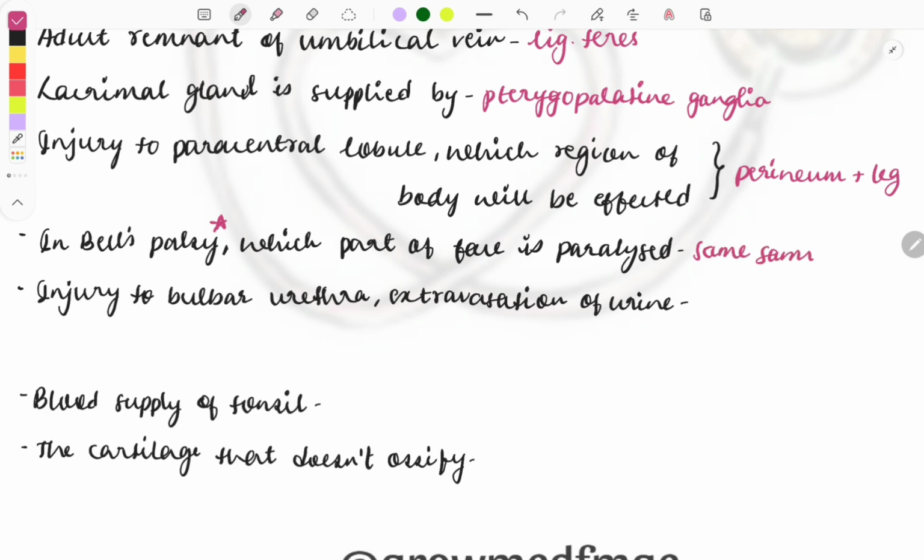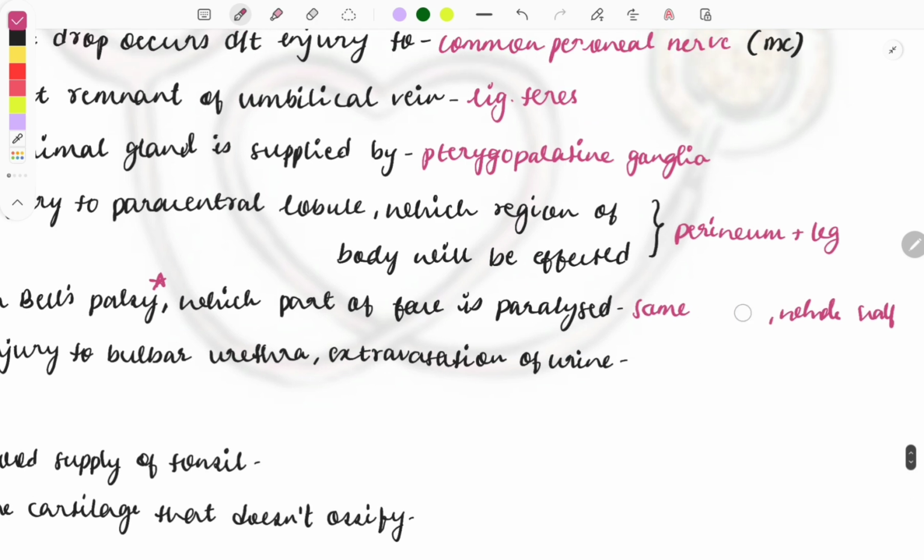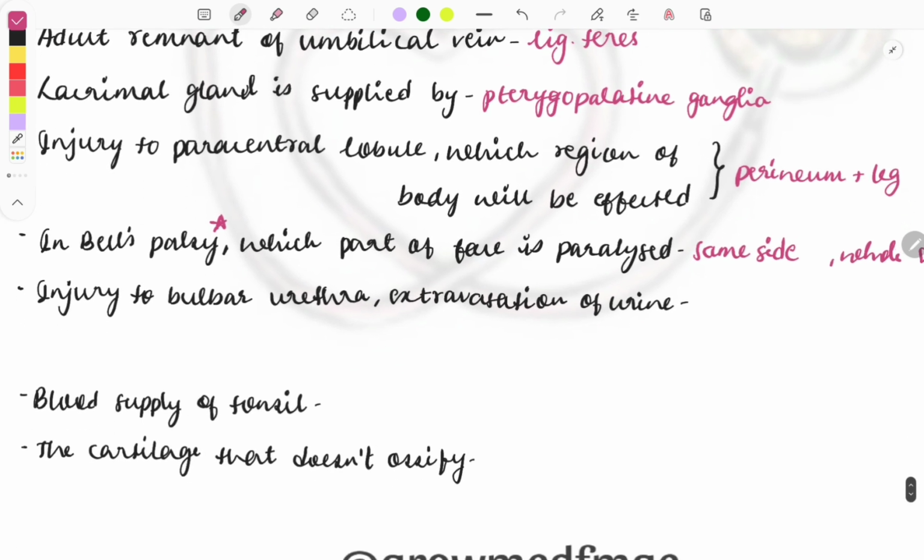Depending on upper motor neuron or lower motor neuron involvement, a whole side of the body or half of the face will be affected. The same side of the face will be affected in Bell's palsy.